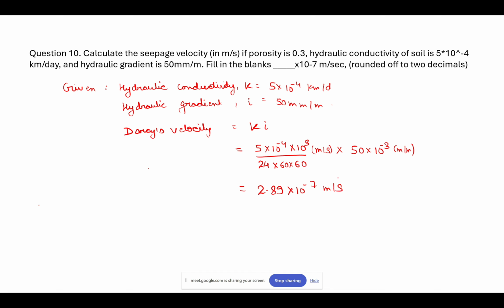So porosity is given as 0.3. So seepage velocity will be Darcy's velocity divided by porosity.